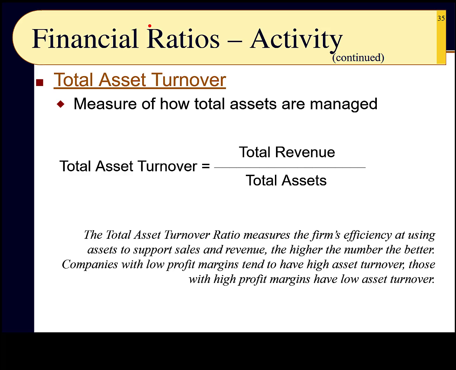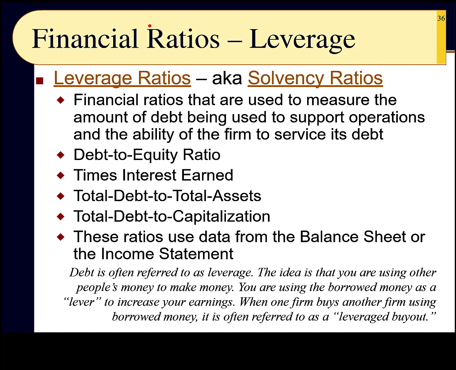All right, now the solvency ratios, these leverage ratios. These are ratios that are used to measure the amount of debt being used to support operations and the ability of the firm to service its debt. Oh yeah, we don't want to be hauled off to bankruptcy court.